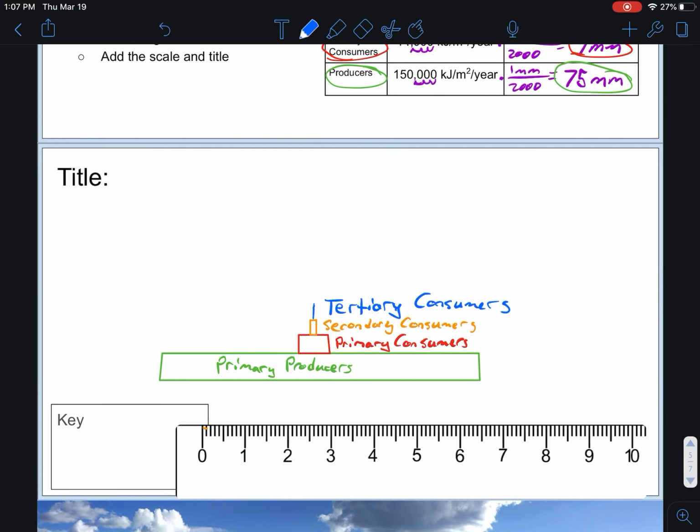All right, ideally that'll be a lot easier for you with a ruler, and you can center those and angle those, give it a title, pyramid of energy in X ecosystem in some year, because this will change.